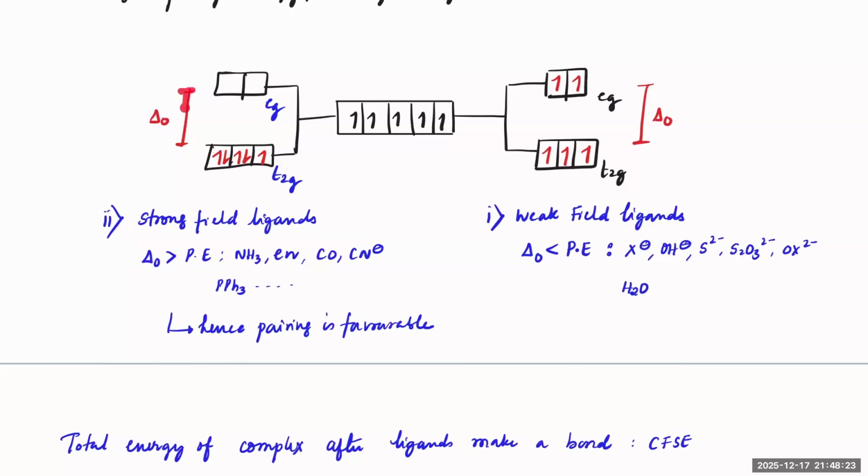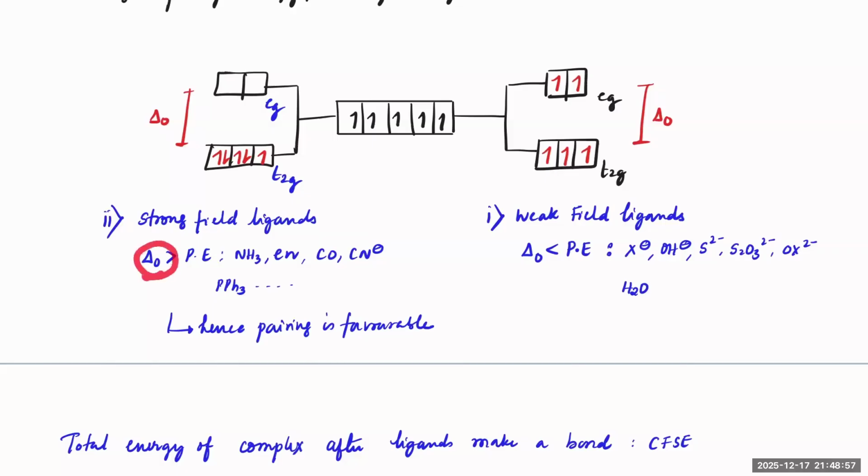And if delta naught is higher than pairing energy, then electrons will prefer to get paired instead of going to the higher orbital, because it requires more energy there, isn't it? So usually, if delta naught is greater than pairing energy, molecules like ammonia-based, phosphorus, or carbon-based ligands are generally strong field ligands.